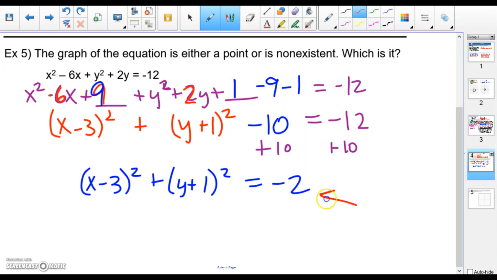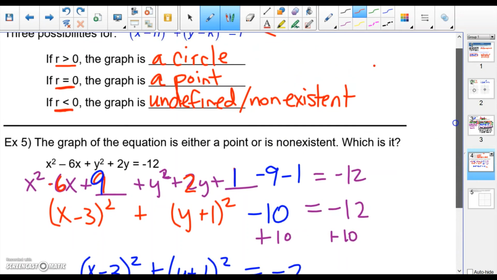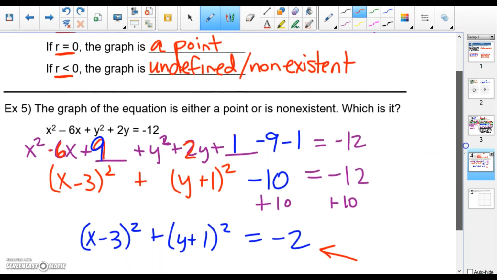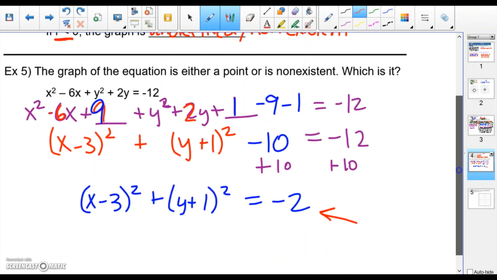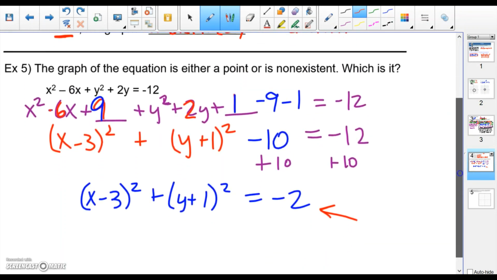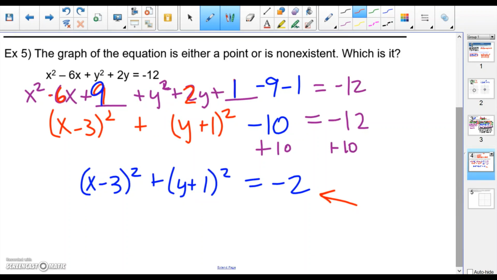And this number right here is the key. That would give us a negative r value, and if that r value is less than 0, the graph is undefined. We're going to have a radius that's less than 0. Nope, that's not going to work. So this is non-existent.